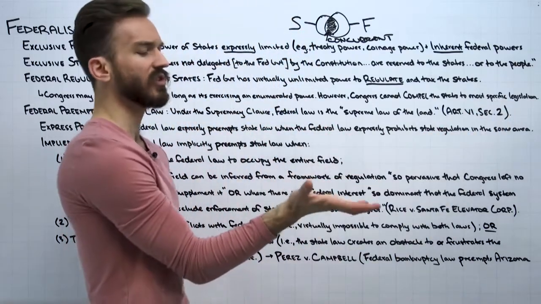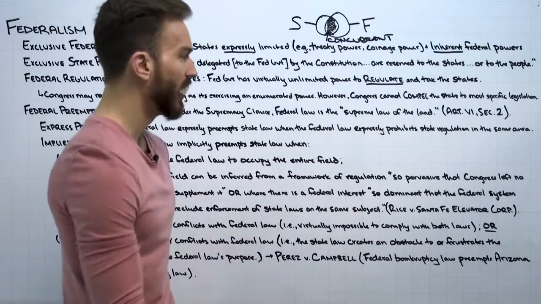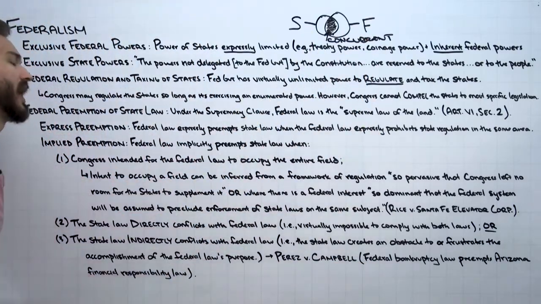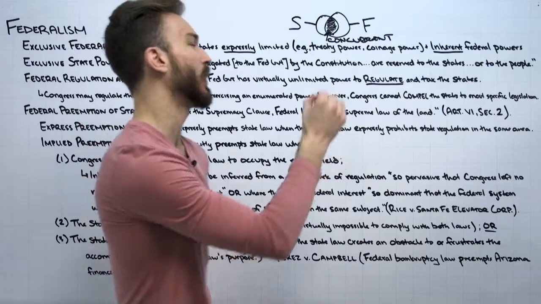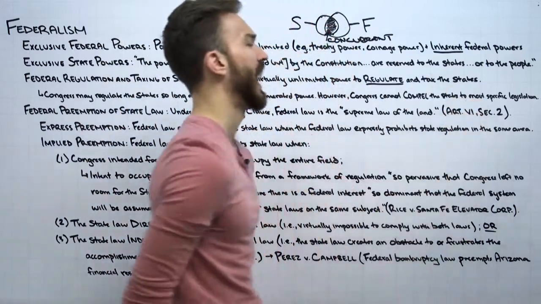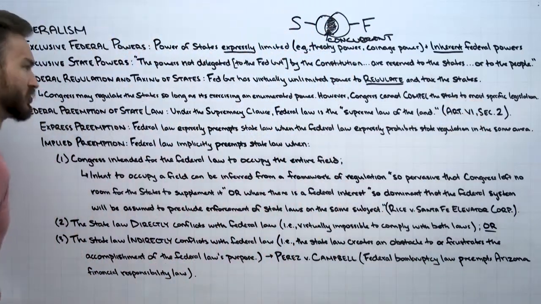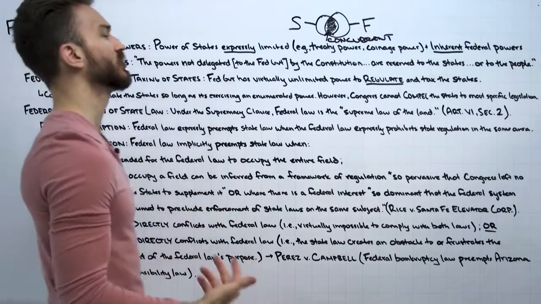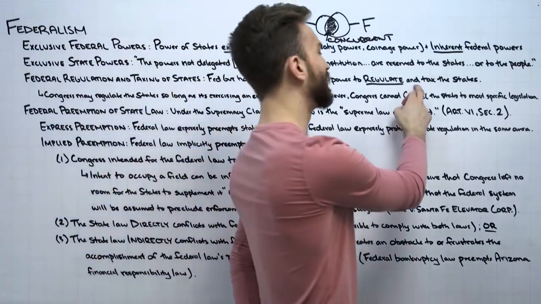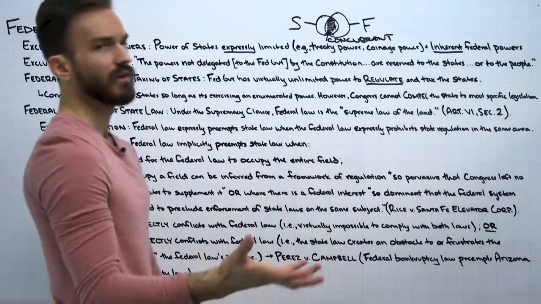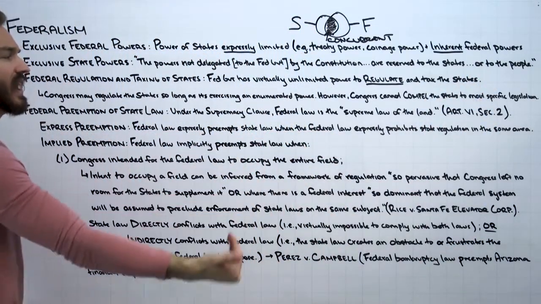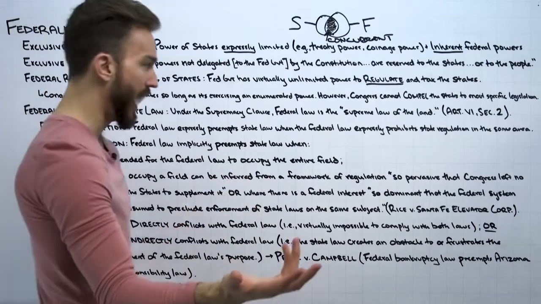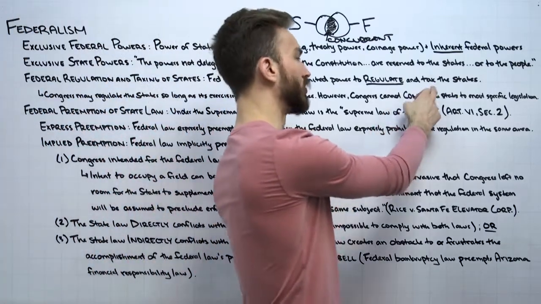But if it rises to the level of compulsion, generally Congress is not allowed to do that. Congress cannot compel the states to enact specific regulation. But important to recognize that the federal government generally does have virtually unlimited power to regulate and tax the states, and vice versa to that, we would say the states have virtually no power to regulate the federal government, right?